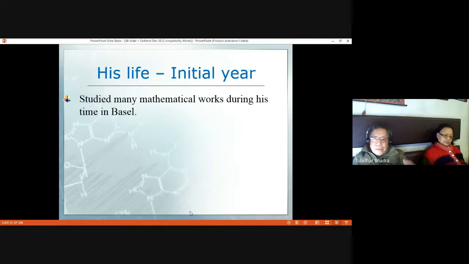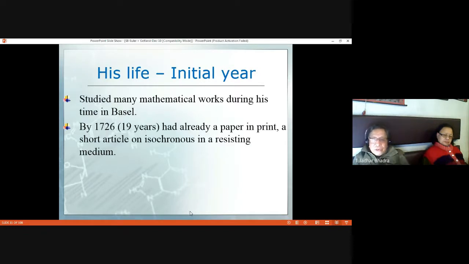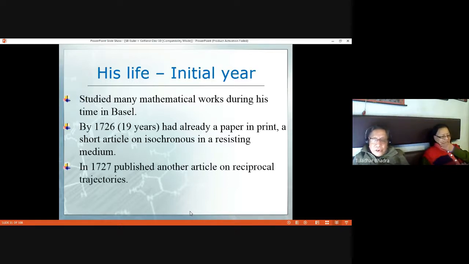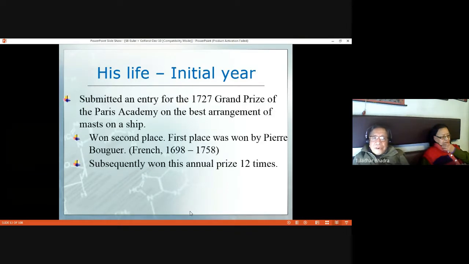He did many mathematical works during his time in Basel. By 1726, at the age of 19, he already had a paper in print, a short article on isochrones, more related with physics. In 1727, a year later, came another article on reciprocal trajectories, more on mathematics. He also made an entry for the 1727 Grand Prix of the Paris Academy on the best arrangement of masts of a ship.